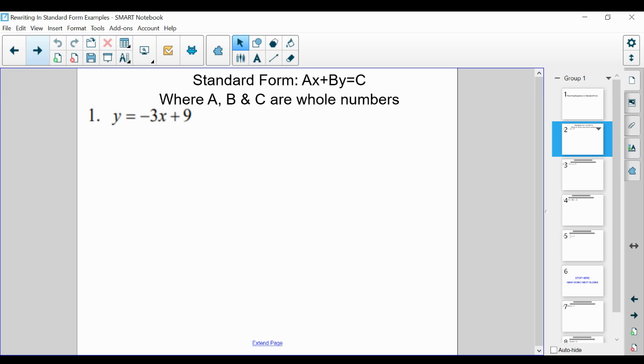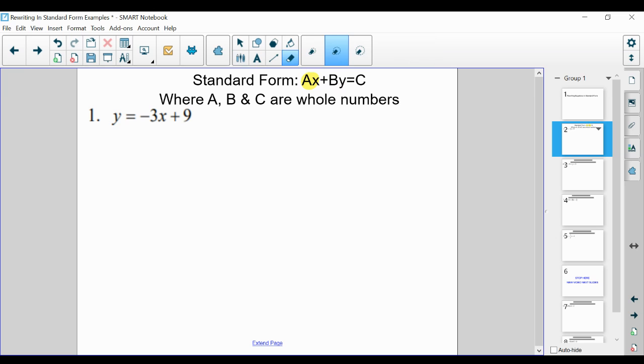That looks like a number times x plus a number times y is equal to c. If we're in slope-intercept form, this is not standard form, but we can easily manipulate this to turn it into standard form. Notice that in standard form, our x term is on the same side as our y term.